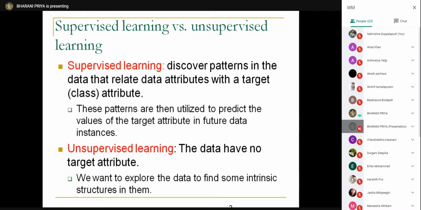So we want to find some relation between these data objects. That relation, that means we'll find some similarities or dissimilarities between the data. To find the similarities or the dissimilarities, what metrics will we use?